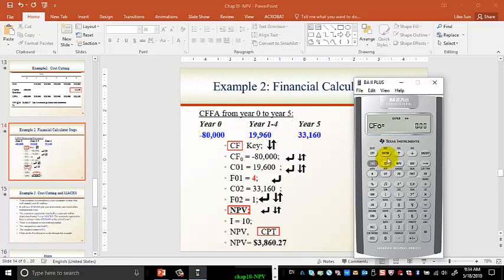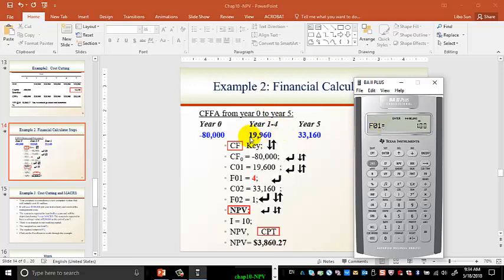Press cash flow 0. The initial is negative 80,000, negative, enter. Go down, the first year cash flow is 19,960, enter. Okay, now it asks how many times we repeat this cash flow.